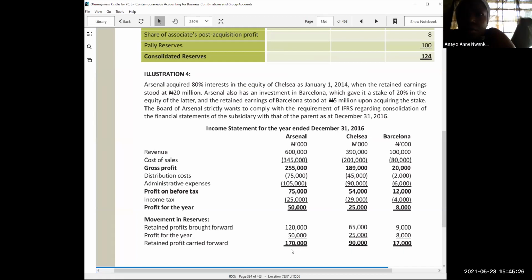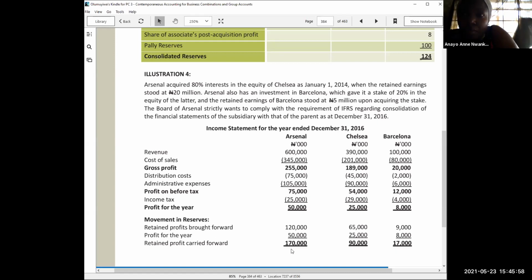Illustration 4. Arsenal acquired 80% interest in the equity of Chelsea on January 1, 2014, when the retained earnings stood at 20 million naira. Arsenal also has an investment in Barcelona, which gave it a stake of 20% in the equity of the latter, and the retained earnings of Barcelona stood at 5 million naira upon acquiring the stake.